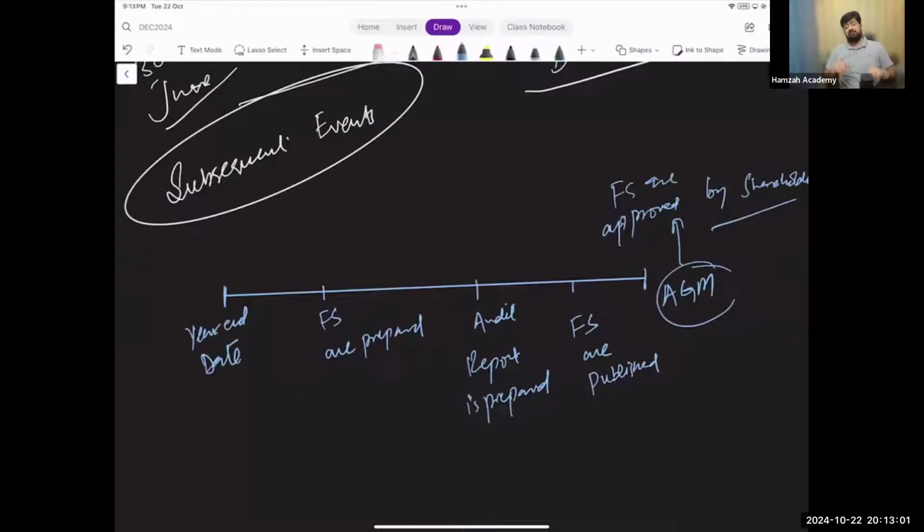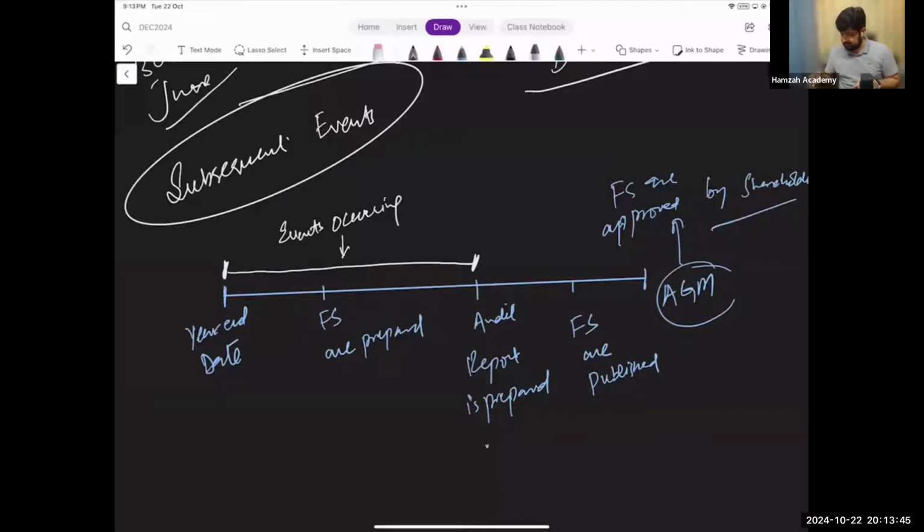Now, this is the timeline in front of you. Students, focus, everyone. Subsequent events are those events occurring during this time. That is one thing.